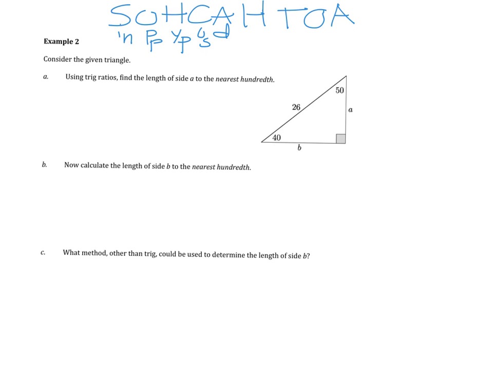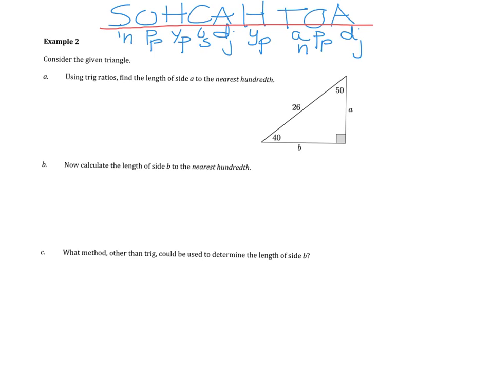Cosine is adjacent over hypotenuse. And tangent is opposite over adjacent. You're going to have this memorized. So this is one way to do it. We just memorize SOHCAHTOA, and I'll quiz you on that just to check to see if you know how to spell it. You have to know how to spell it correctly in order to use it.